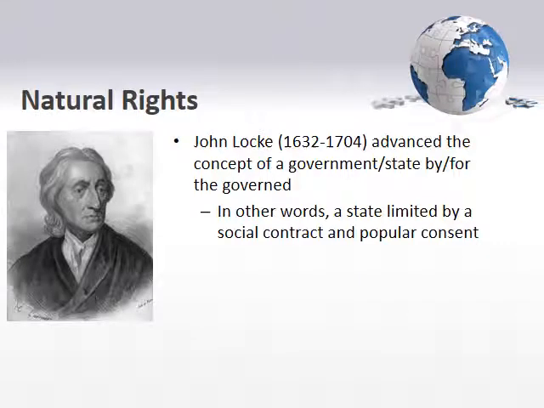To spend a little bit more time with this concept of natural rights, John Locke, an early Enlightenment figure, argues that governments and the state exist for the people being governed.